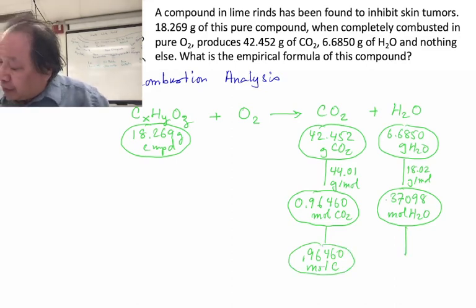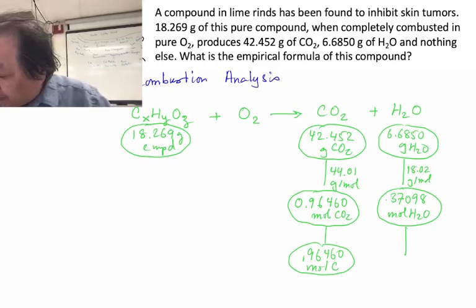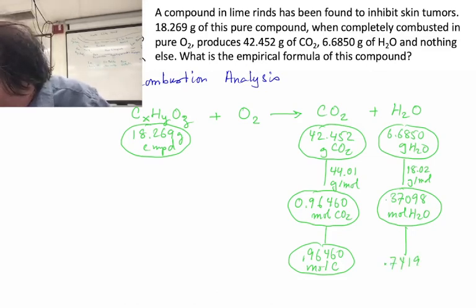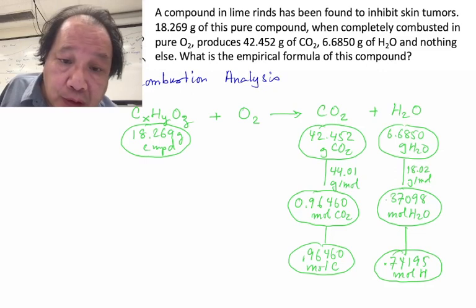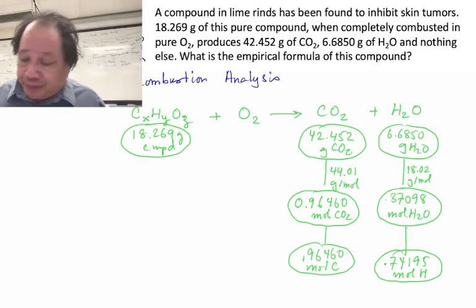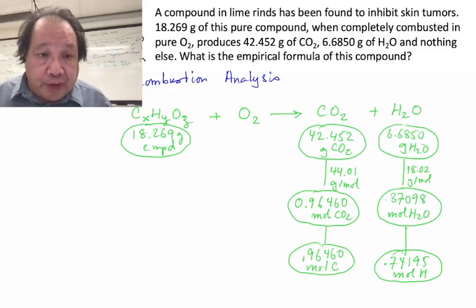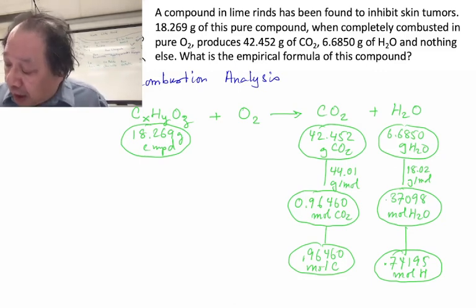And there are two hydrogens for every mole of H2O. So we have 0.74195 moles of H, since there are 2 moles of hydrogen atoms for every 1 mole of H2O. We're getting close to the empirical formula, but we haven't yet gotten the number of oxygen atoms.